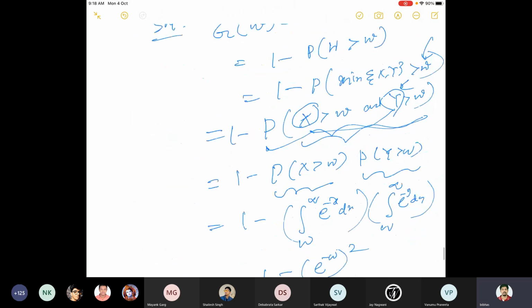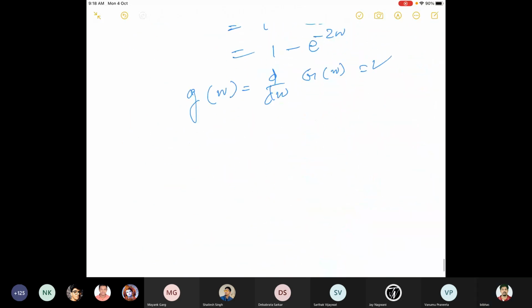These are the very basic concepts regarding the PDF of a pair of random variables. One is the joint PDF, another is the marginal. Using those, we found the conditional PDF, and we came up with the idea of independent random variables.